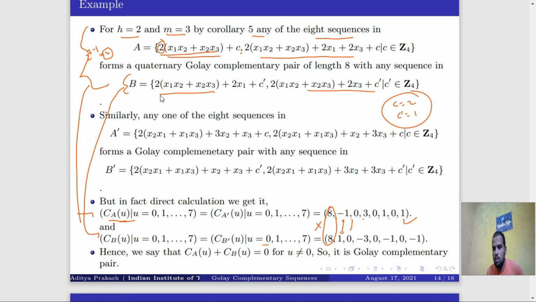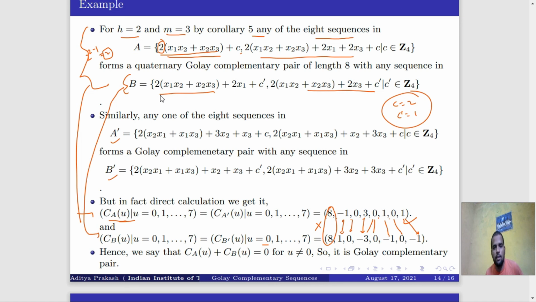After this, the sum is 0, this sum is 0, this sum is 0, this sum is 0, this sum is 0, this sum is 0, and this sum is 0. That means c_A(u) and c_B(u), that means both the sequences A and B are complementary pairs of each other. Similarly, we see that A dash and B dash also.